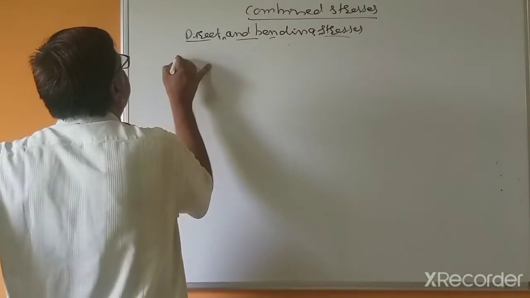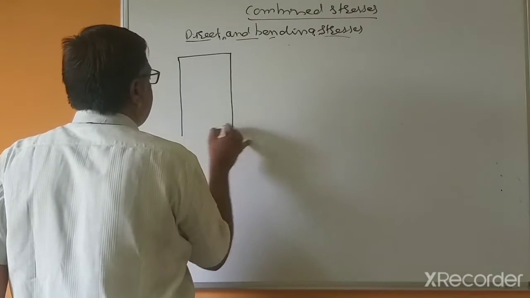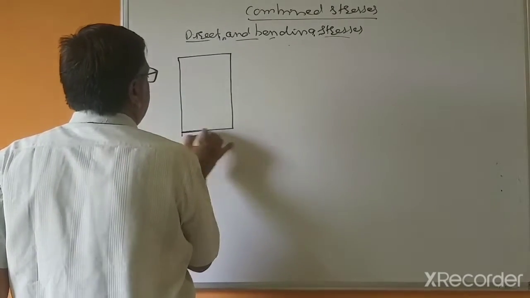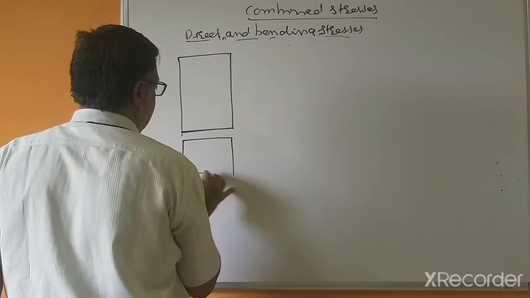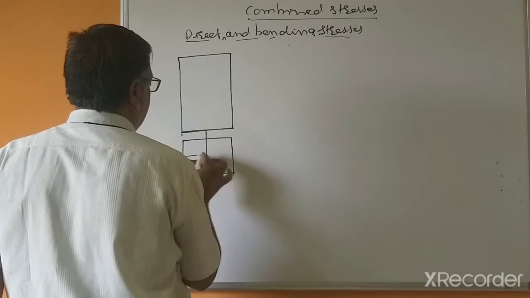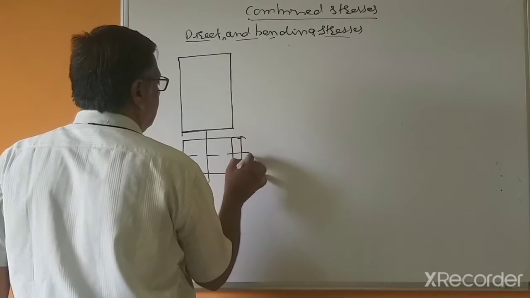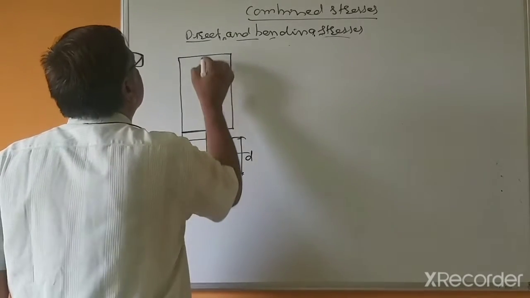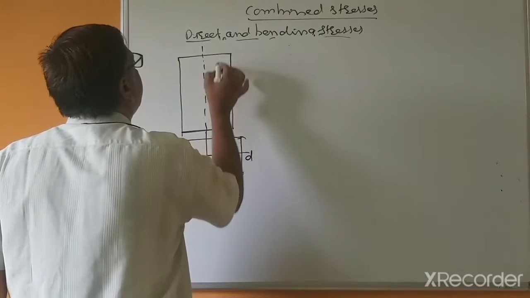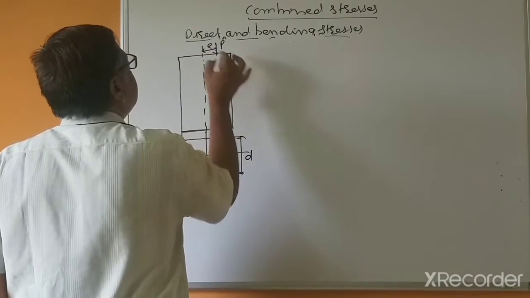Suppose this is a rectangular body or rectangular column, this is D, this is the width B, this is the centroid, and this load acts with this eccentricity.